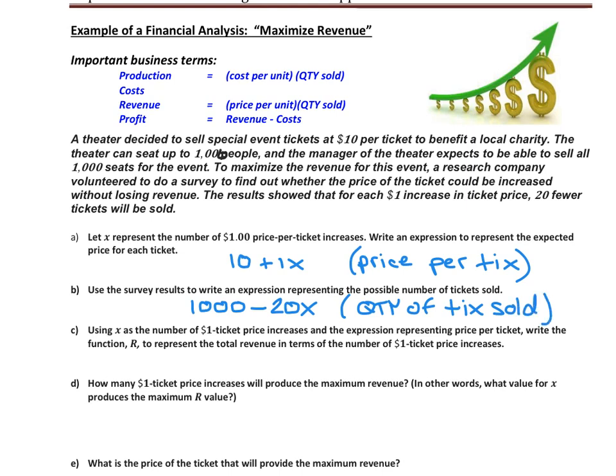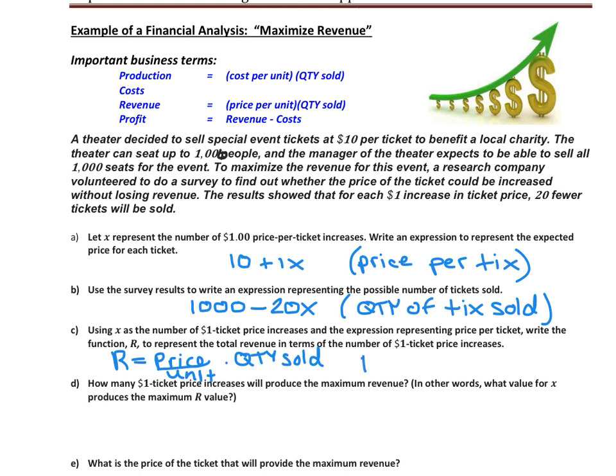All right, letter C. Using X as the number of $1 ticket price increases and the expression representing price per ticket, write the function R to represent the total revenue in terms of the number of $1 ticket price increases. As we see above, the revenue, R, equals the price per unit times the quantity sold.